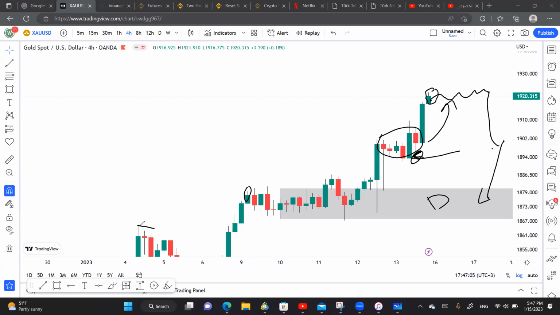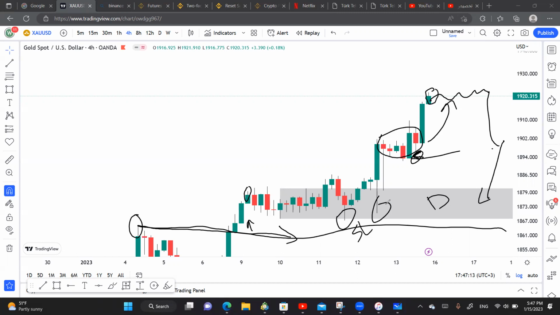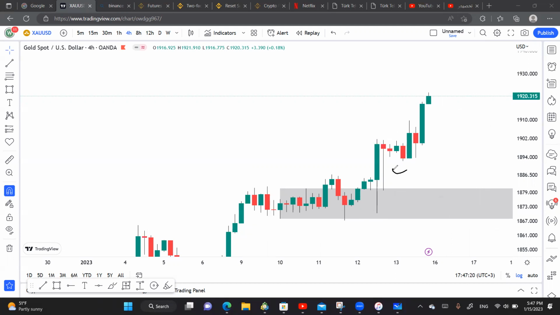Because we have clearly gone up from this level. We have broken, closed above, retested, made it strong low, create liquidity to move up, and after that, the price has maintained the move to the upside.